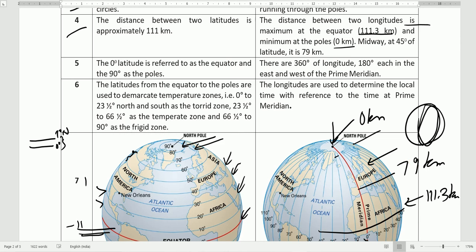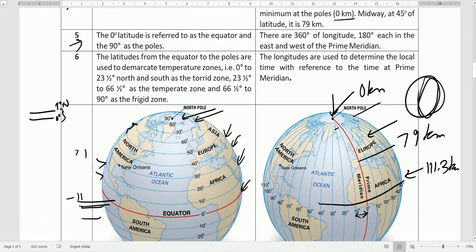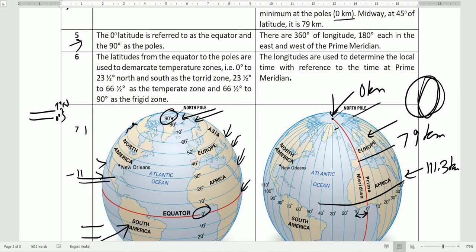Then the fifth point: the 0 degree latitude is referred to as the equator, and the 90 degree latitude as the pole, as we have learned earlier. So this is the equator, 0 degree, and the north pole is here, 90 degree. For longitudes, there are 360 degrees, as in a circle we have 360 degrees.